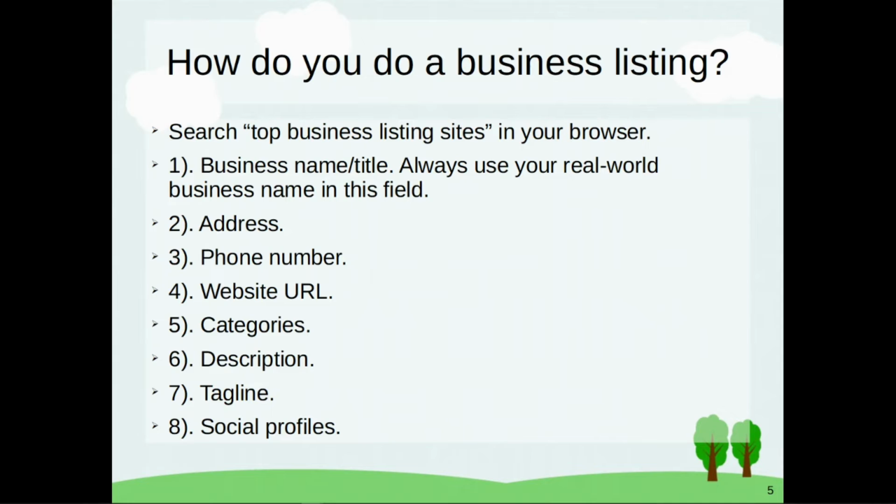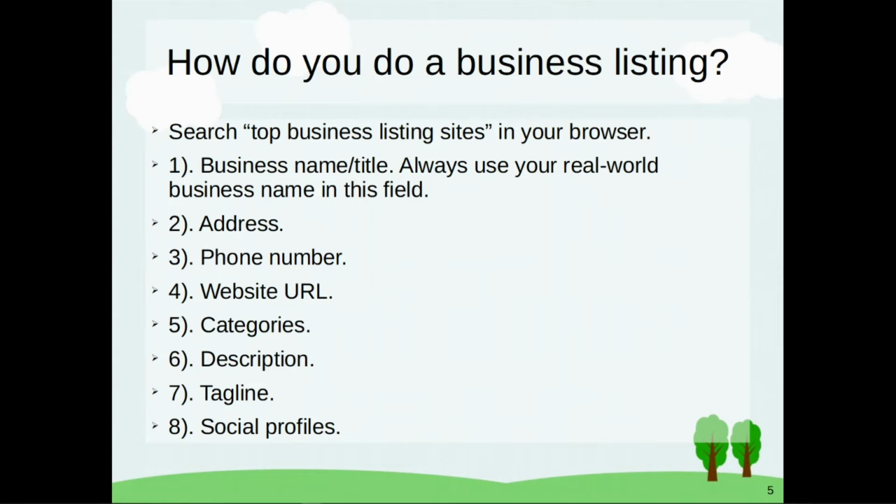First of all, we have to search for top business listing sites in your browser, and you must note that you should go for higher authority, as we have discussed before, domain authority and page authority. You can also search for top business listing sites with high DA and PA.